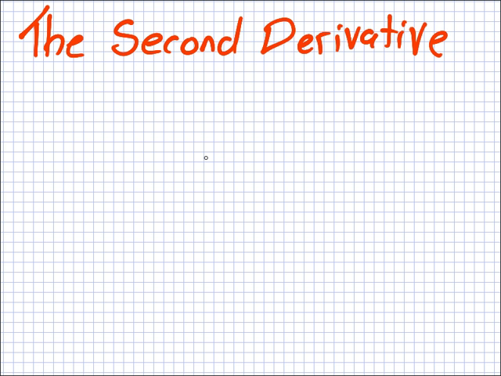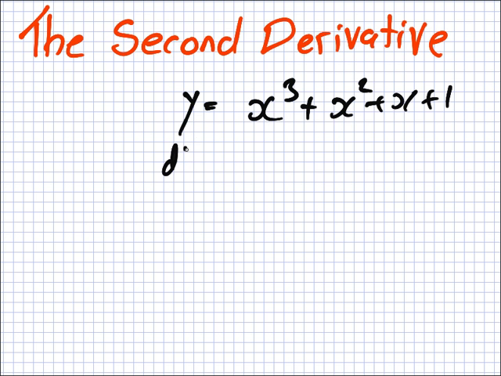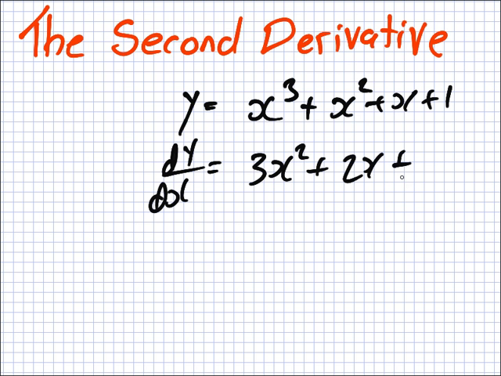So, second derivative. You could nearly guess from the name what's involved here. Let's just take x cubed plus x squared plus x plus 1. The first derivative would be 3x squared plus 2x plus 1.